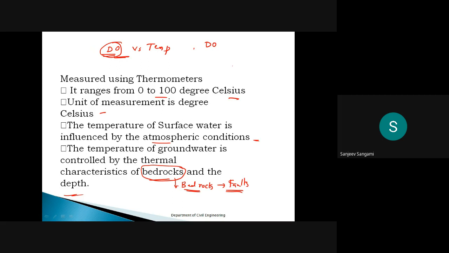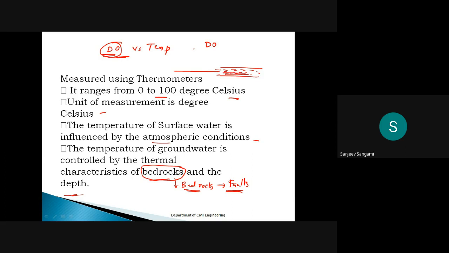Assume that you have a surface water body which is flowing. Whenever it starts flowing, it moves layer by layer.